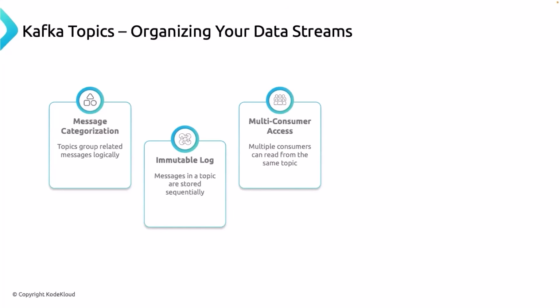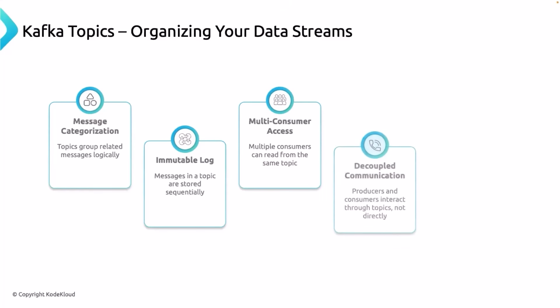This means you can have different applications like a fraud detection system and a reporting dashboard consuming the same data stream independently. Each consumer keeps track of its own position in the topic using offsets, ensuring smooth and decoupled access.